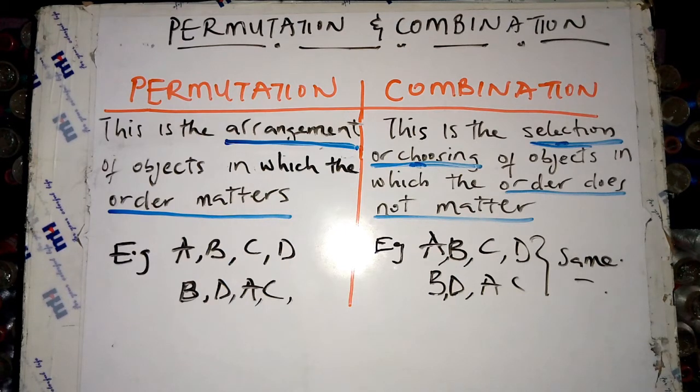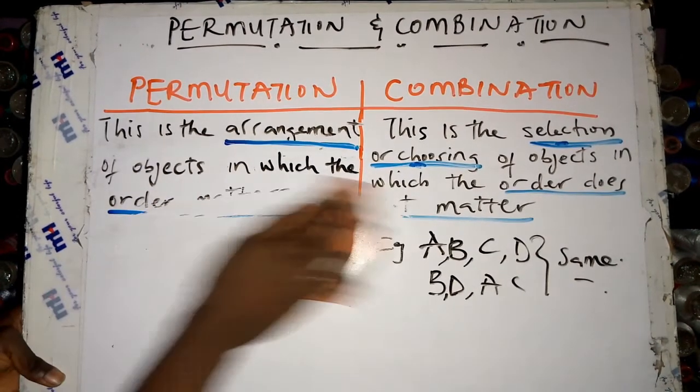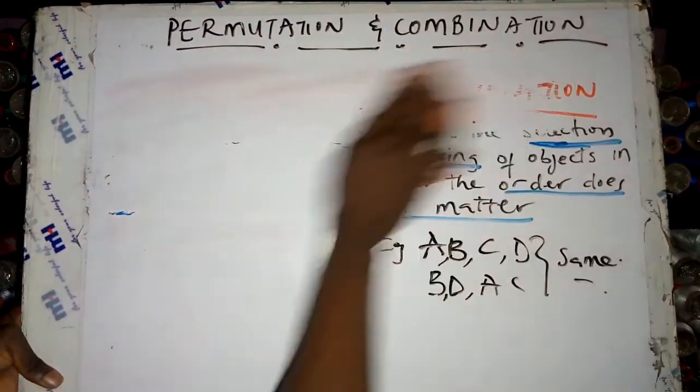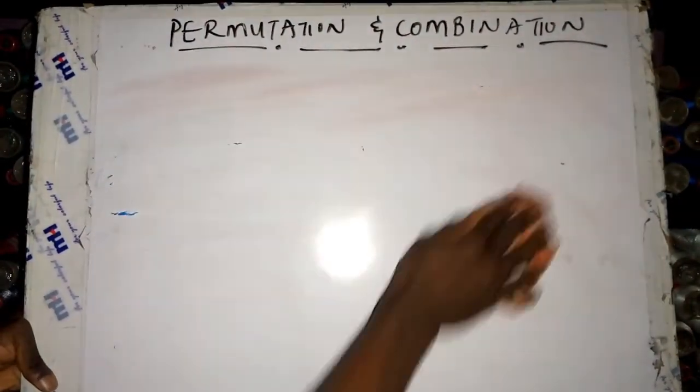The next thing that I want to talk about is factorial. Factorial is also one important thing you need to know when dealing with permutation and combination, because you are going to be applying it in all the calculations that we are going to be doing under permutation and combination.